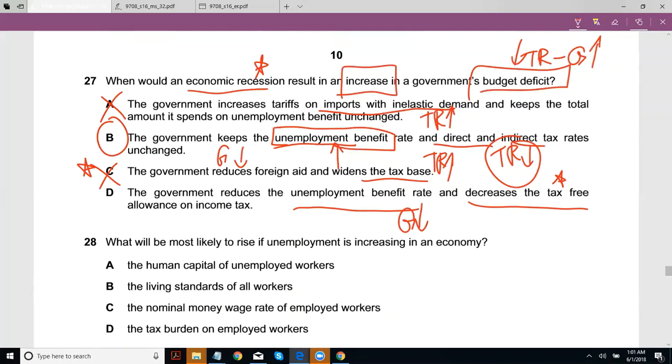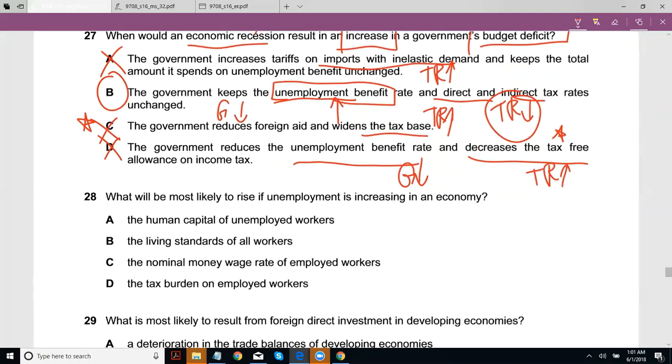They're saying the free allowance, the amount of income on which there was no tax, we're going to reduce that. So previously, if you were going to start taxing from, let's say, 10,000 rupees a month, we're now going to start taxing from 8,000 rupees a month. Basically it means they're going to increase your tax revenue, and obviously that is not what you want. That moves you towards a surplus, leaving you with B.